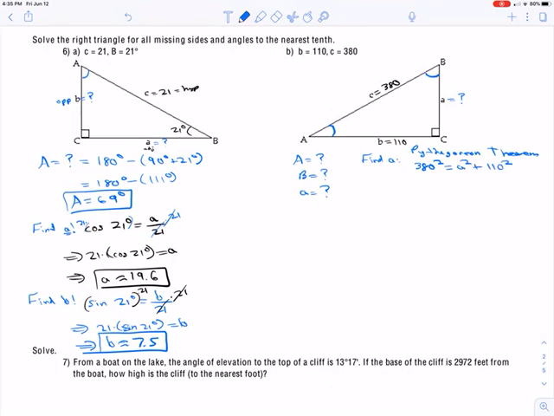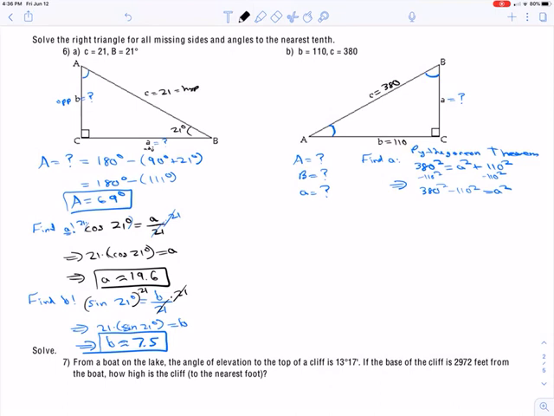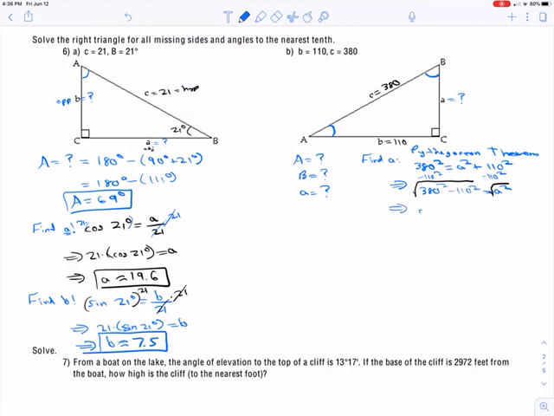So we've got to solve it. We'll subtract 110 squared to the other side of the equation. So 380 squared minus 110 squared equals a squared. And then take the square root to get a, principal roots. So a is equal to the square root of 380 squared minus 110 squared.